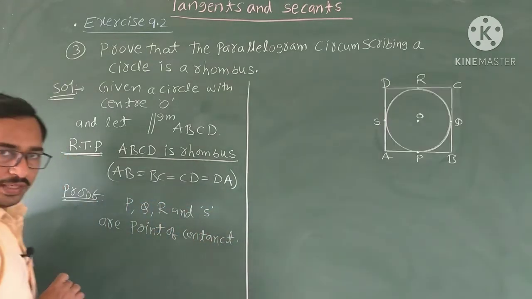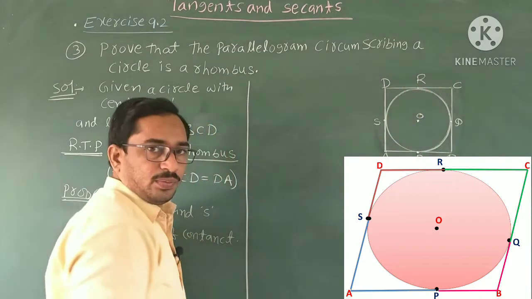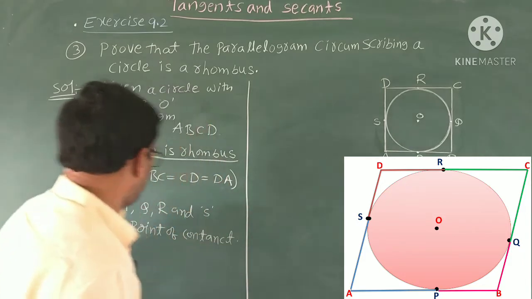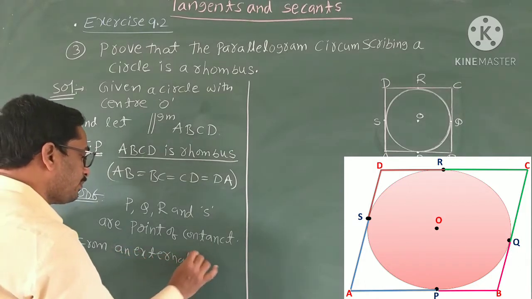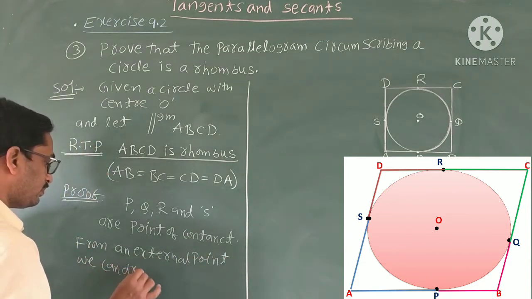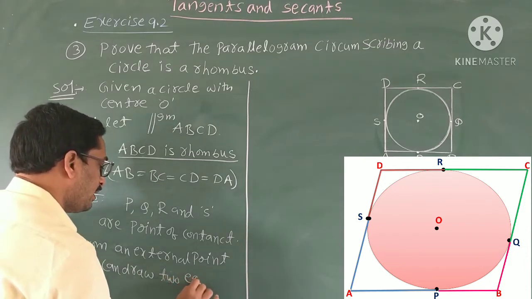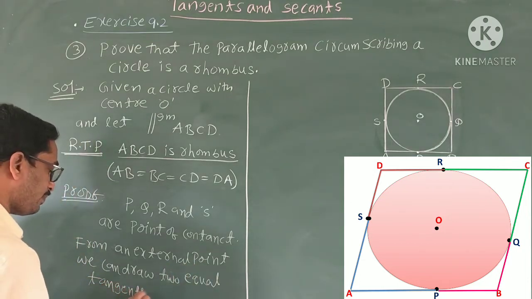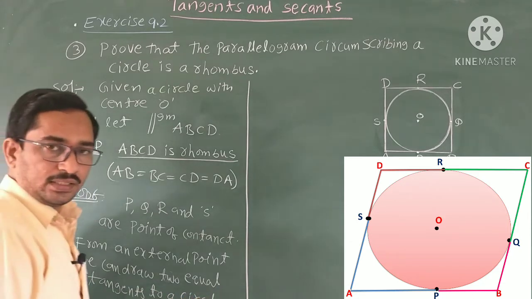See the proof. A is an external point for this circle. From an external point we can draw two equal tangents to a circle.